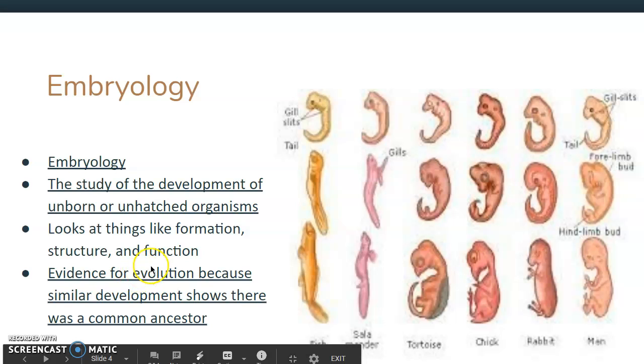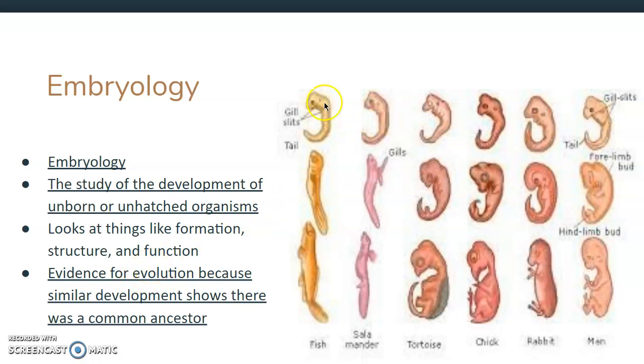This is evidence for evolution because similar development shows that there was a common ancestor. If everything from a fish to a man looks the same from the very beginning, it's good evidence that way back when there was a common ancestor that developed that way as well.